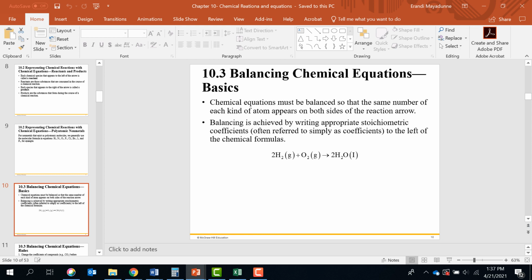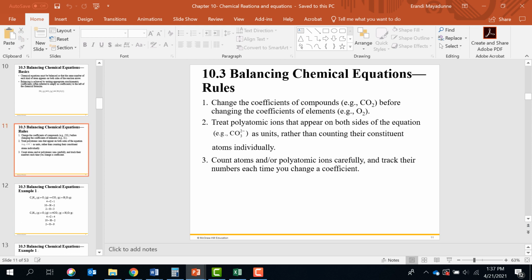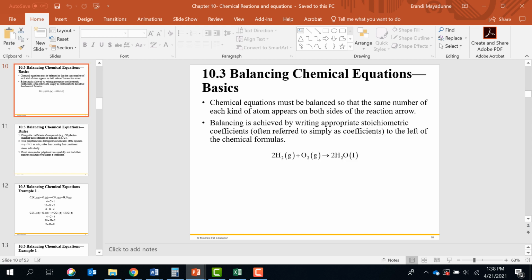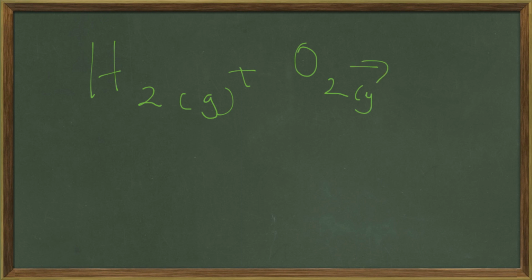So when you write the chemical reaction, let me see, it's not connected yet. Okay, yeah, it's there. So now our reaction is hydrogen gas combining with O2 gas forming H2O liquid.